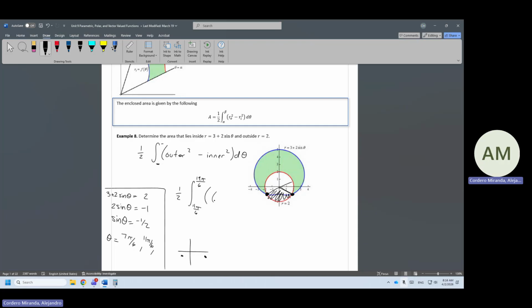So blue function minus red function. That's a good setup, and that'll give you the answer that we just got, 24.1870.